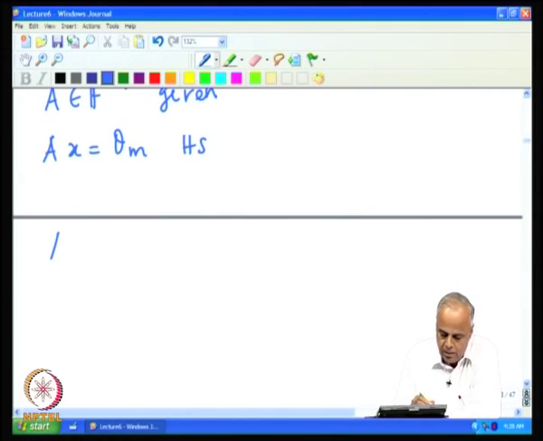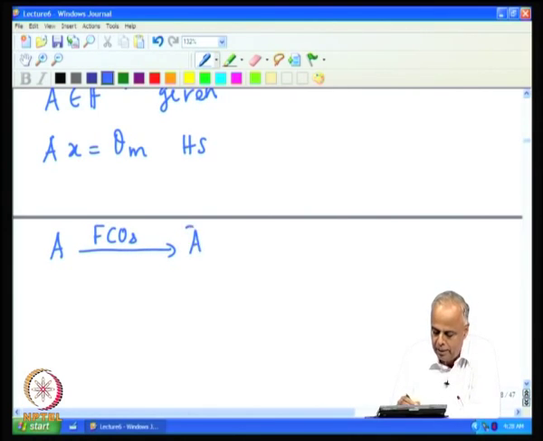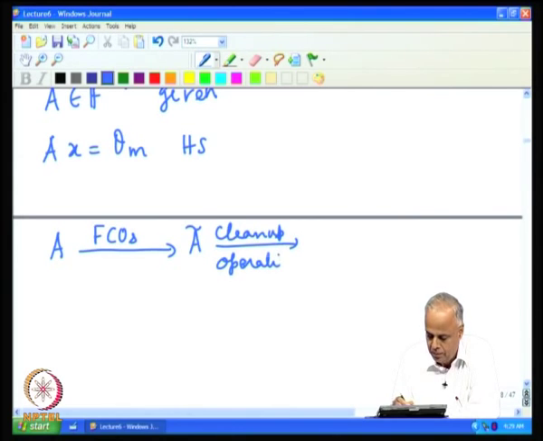Look at A, you apply the first column operations, get a matrix A tilde, then you do the cleanup operations which we had described, and you get the row reduced echelon form.